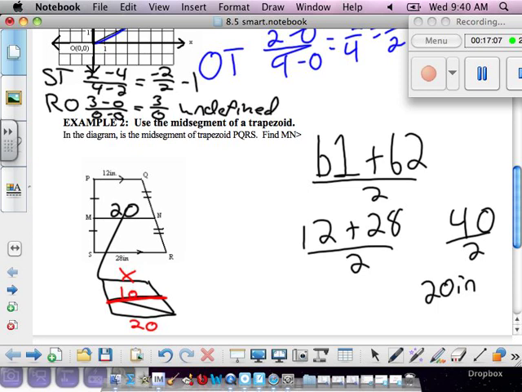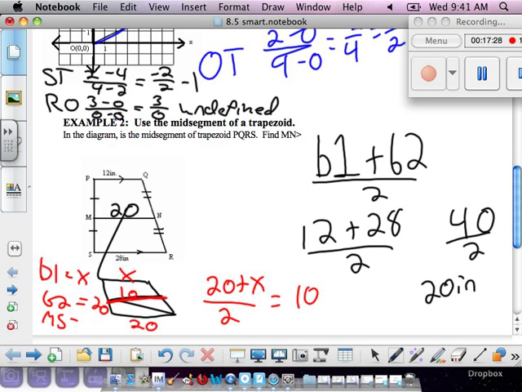You would have 20 plus x divided by 2 equals 10, right? Because I would say base 1 equals x, base 2 equals 20, and then my mid-segment equals 10. And we know the formula is base 1 plus base 2 divided by 2 equals that mid-segment.